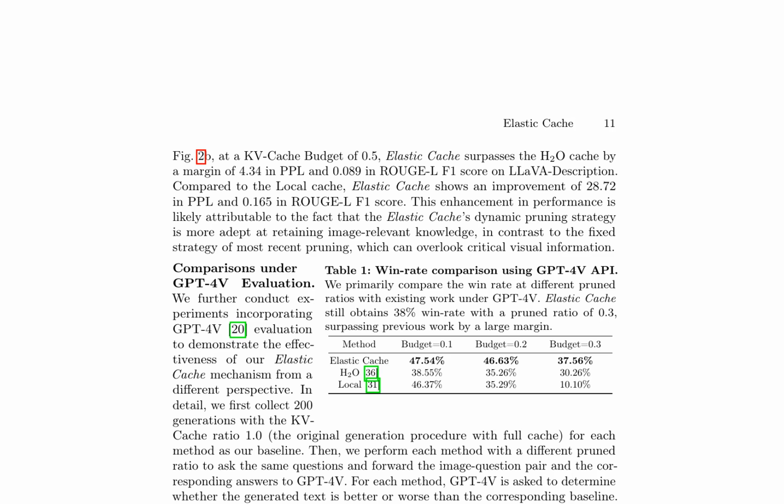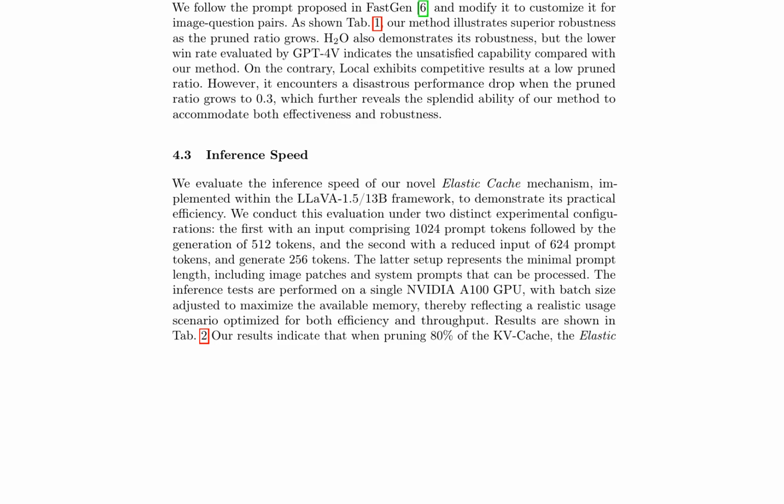In the win rate comparison using the GPT-4V API, elastic cache achieves a 38% win rate with a pruned ratio of 0.3, surpassing previous work by a large margin. The comparisons under GPT-4V evaluation demonstrate the superior robustness of the elastic cache mechanism as the pruned ratio grows.